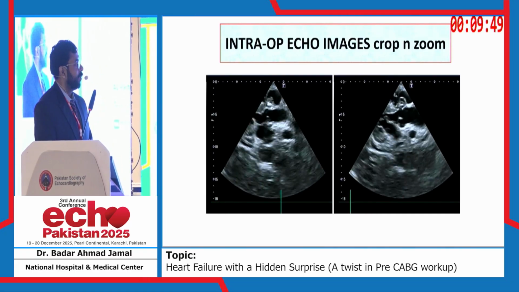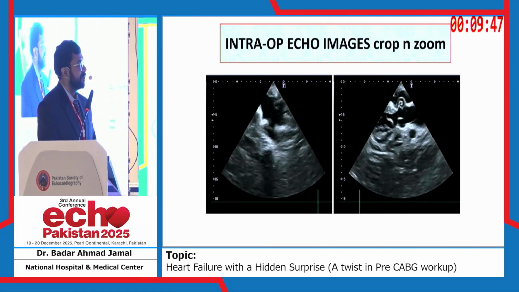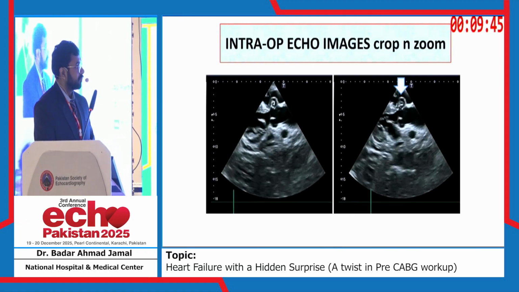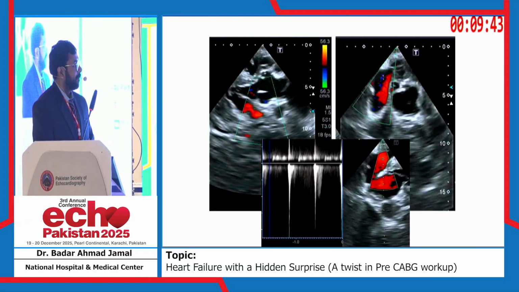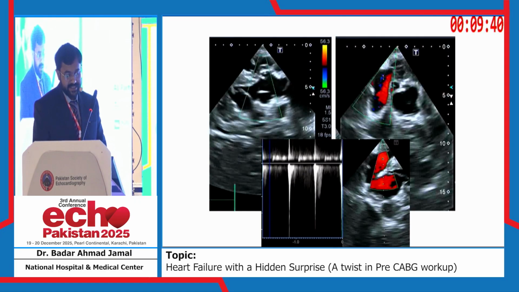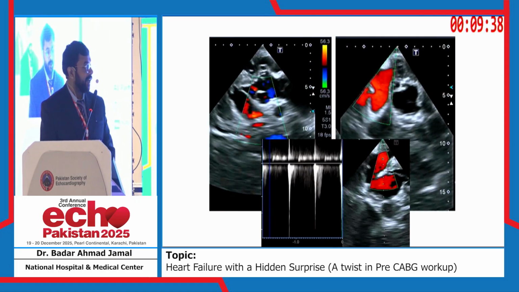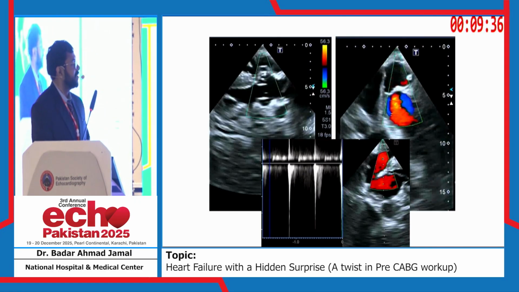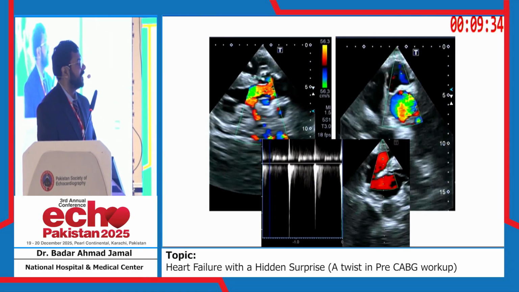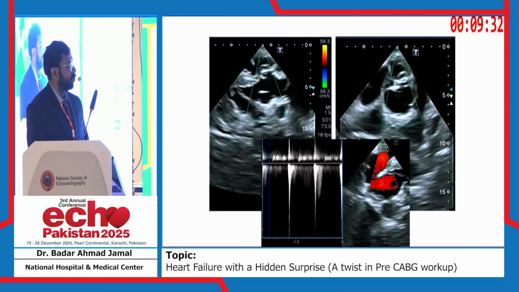This was our area of interest from which leaking was previously taking place. Now, when this area is interrogated with color Doppler and continuous wave Doppler, we can appreciate that the area that was previously showing leakage is now okay and there is no flow.